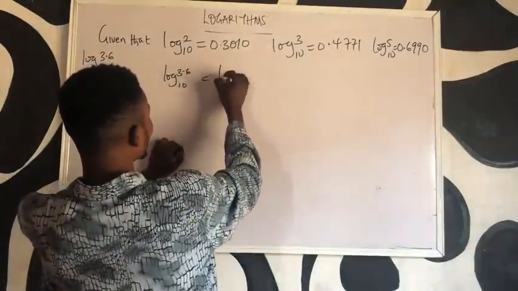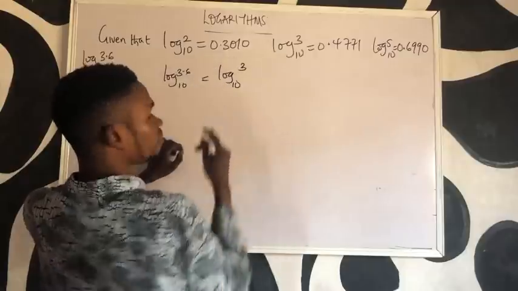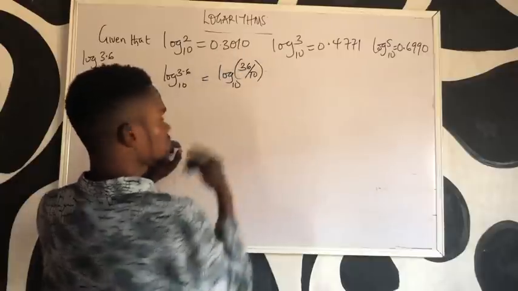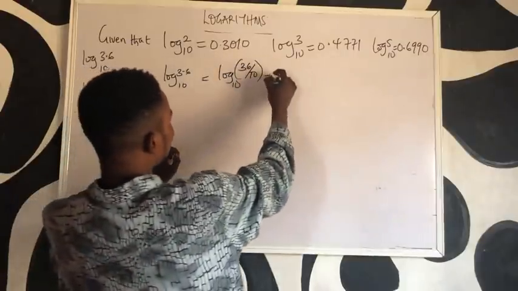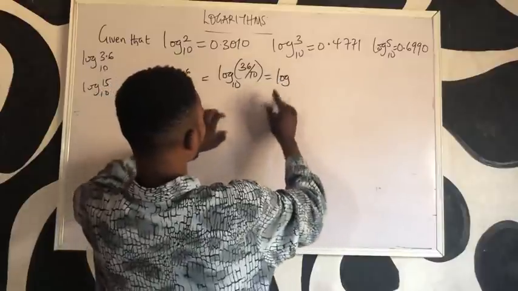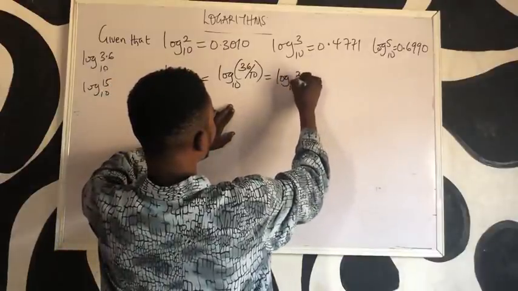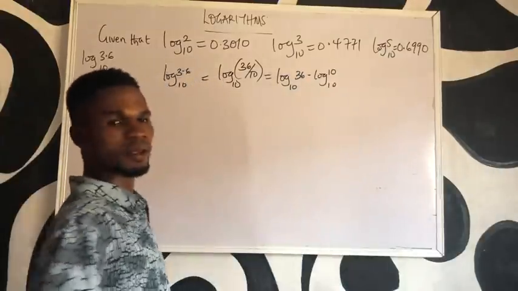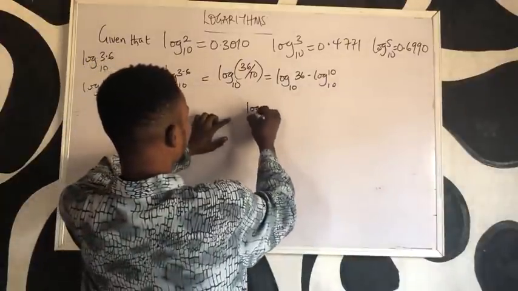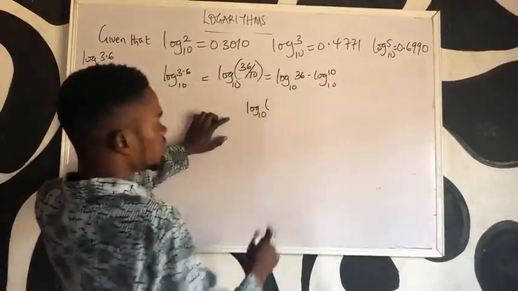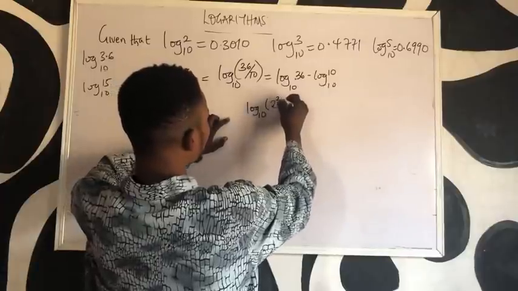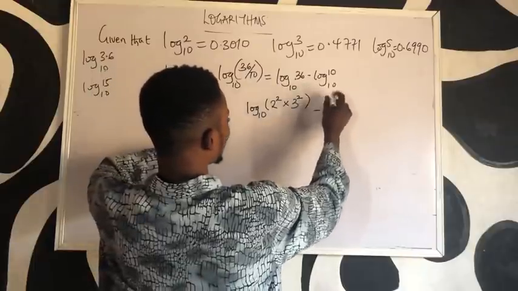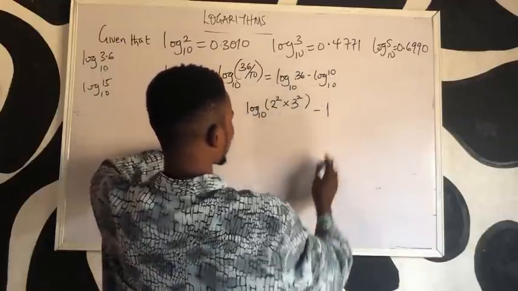This 3.6 can be converted to a fraction as 36/10. Then 36/10 can be written as log 36 base 10 minus log 10 base 10. This 36 can be written as 2 raised to power 2 times 3 raised to power 2.